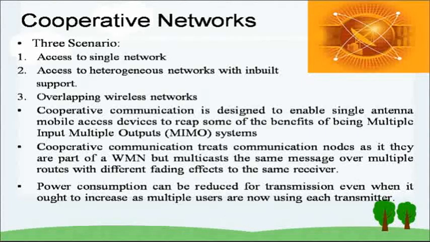So it is up to the receiver to decide which of the content it is going to choose, and WMN here stands for wireless mesh networks. So here power consumption can be reduced for transmission even when it ought to increase as multiple users are now using each transmitter. So this is the benefit of cooperative networks.